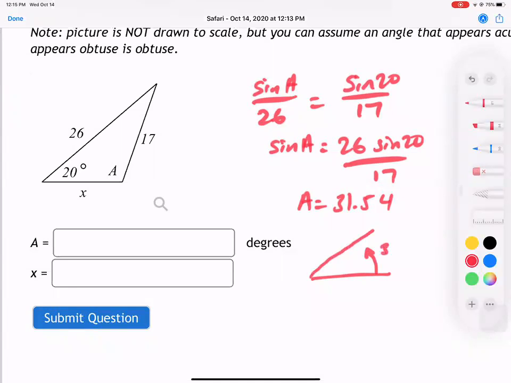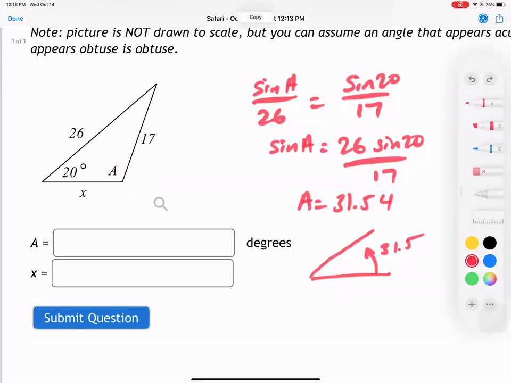Isn't that a pretty small angle? But look at angle A. That is an obtuse angle. That's a fatty angle. So here's my first mistake. If I just wrote 31, I didn't account for the fact that angle A is obtuse.